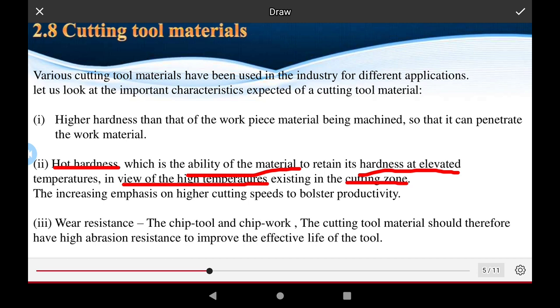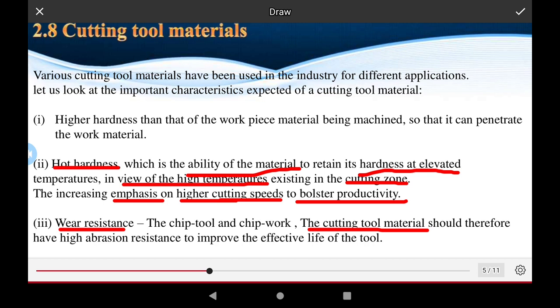Increasing the emphasis on higher cutting speed leads to loss of productivity. Wear resistance: the chip, the tool and the work.